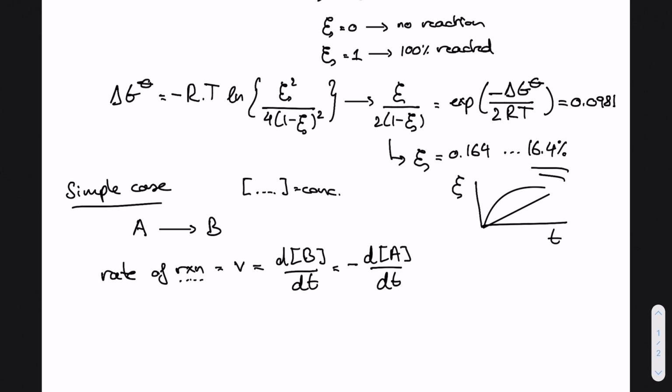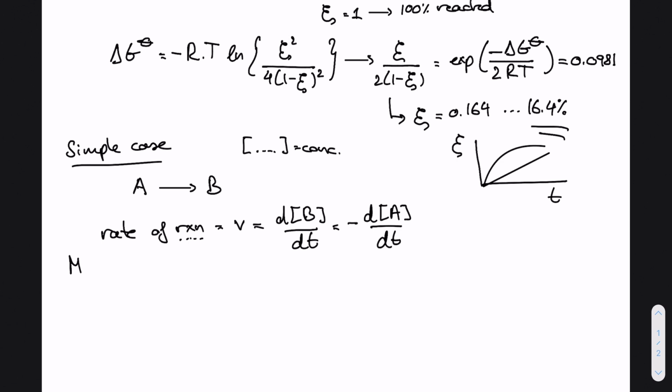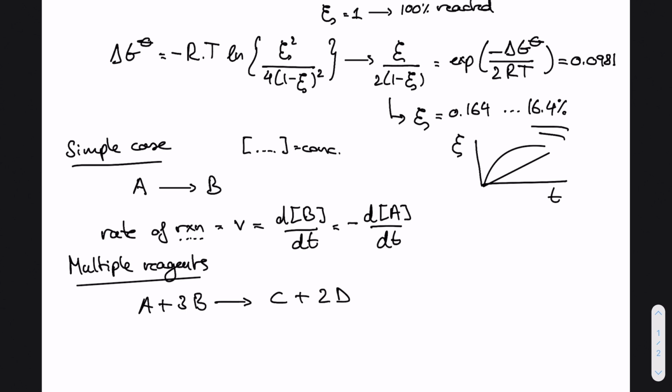Okay. So what if you have multiple reagents? Let's say you have A plus 3B goes to C plus 2D. So there's only one reaction rate, right? But you have different stoichiometries for the reaction.